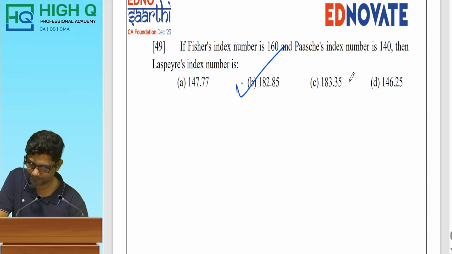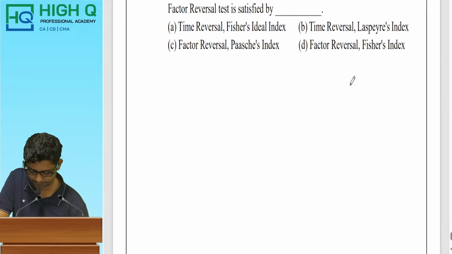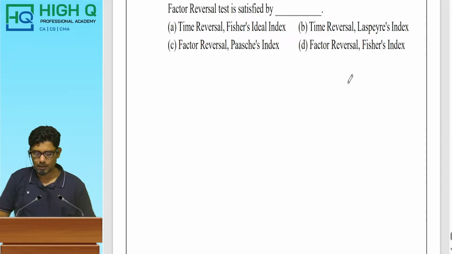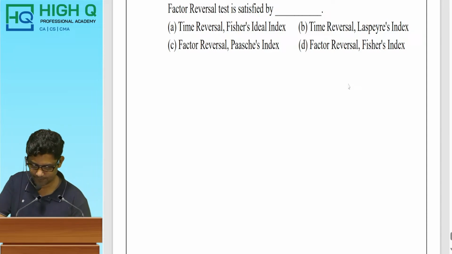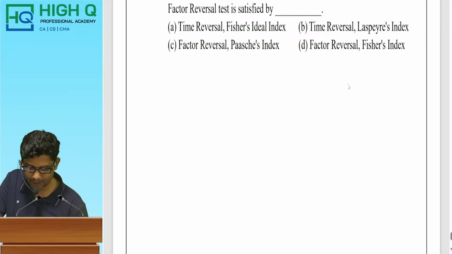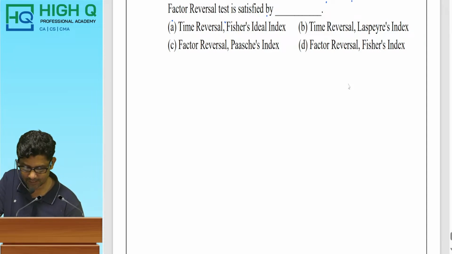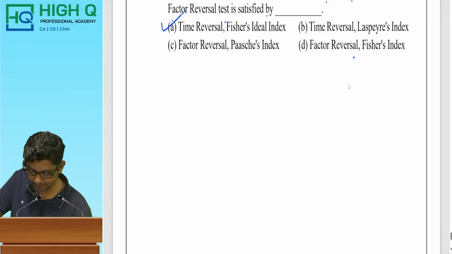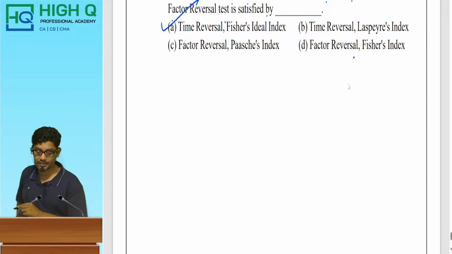B. Weighted geometric mean of relative formula satisfies dash test, while factor reversal test is satisfied by dash. Time reversal and the Fisher's index.